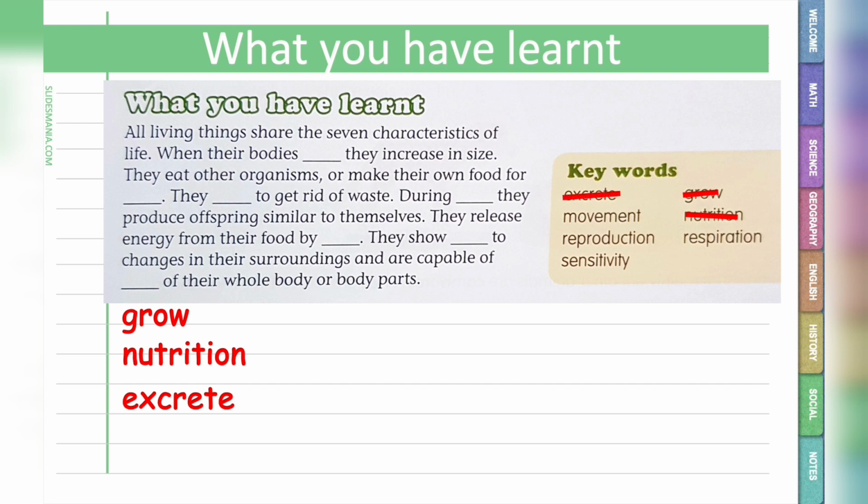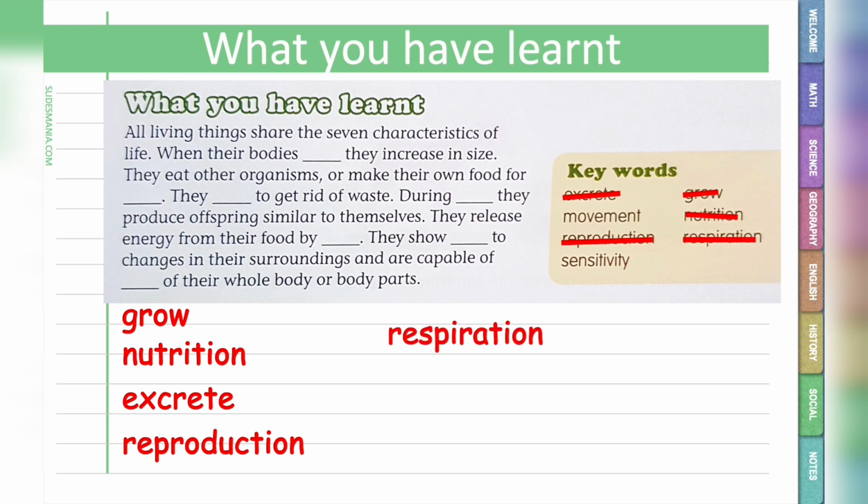Now during blank, they produce offspring similar to themselves. So when you have babies, what is it called? Reproduction. You can say it's reproduction. Now next one. Next, they release energy from their body by what? By respiration.